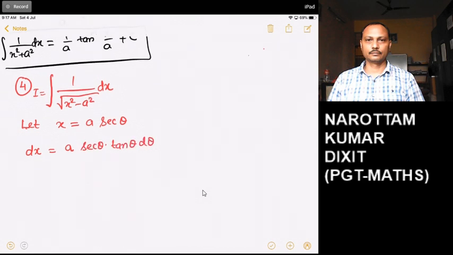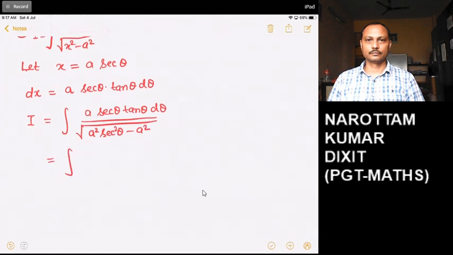Now substitute these values, then we get I equals a sec theta into tan theta d theta upon under root, placing the value of x equal to a sec theta, so it becomes a square sec square theta minus a square.